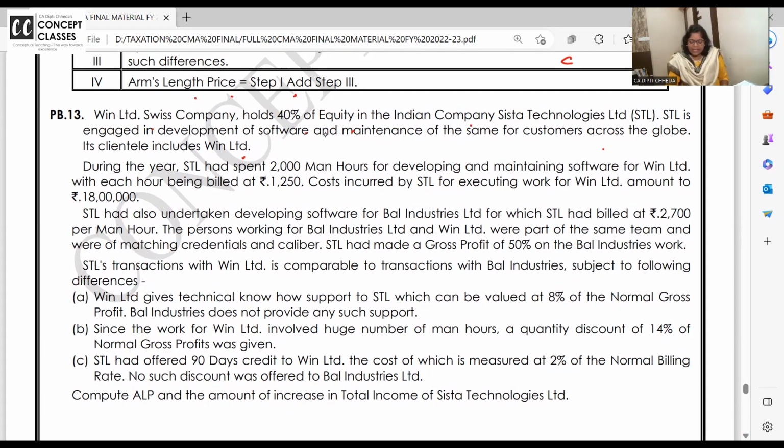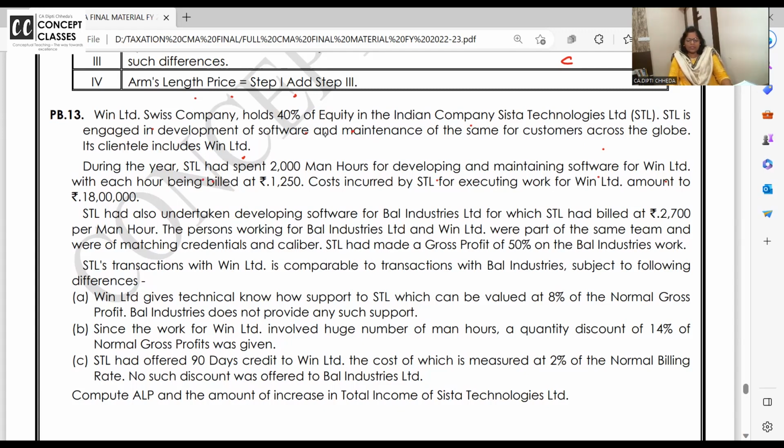During the year, STL has spent 2000 man hours for developing and maintaining software for Win Limited, and each man hour is billed at 1250. Okay. So how much is the actual? You have done 2000 hours of software work for them, and how much has STL India Limited charged? 1250.